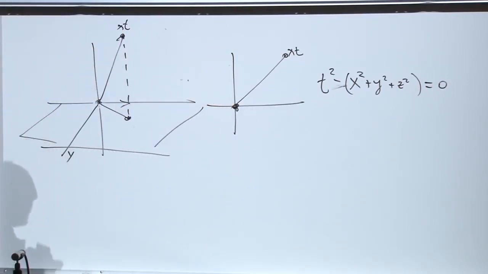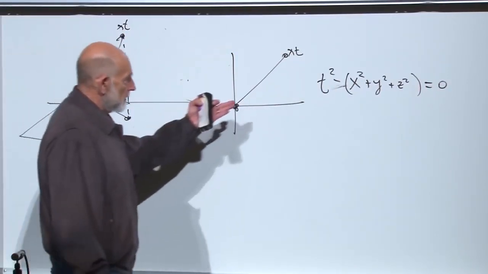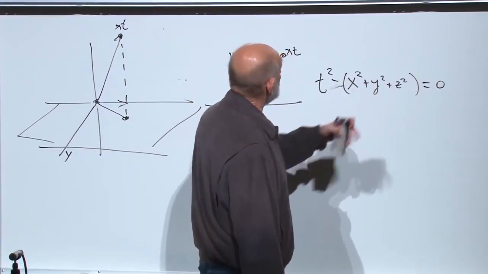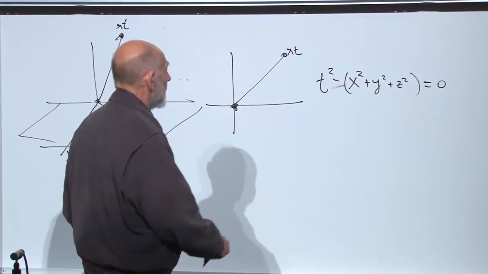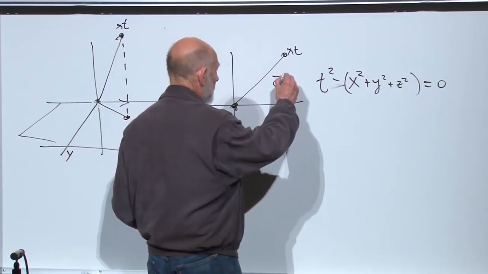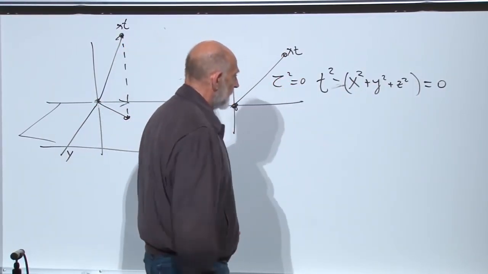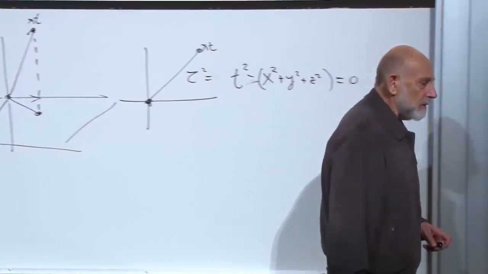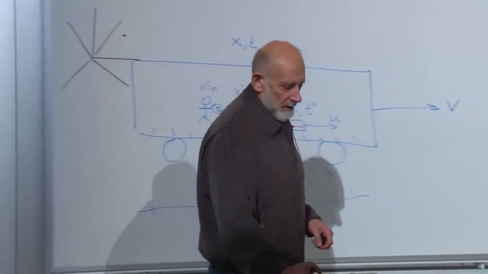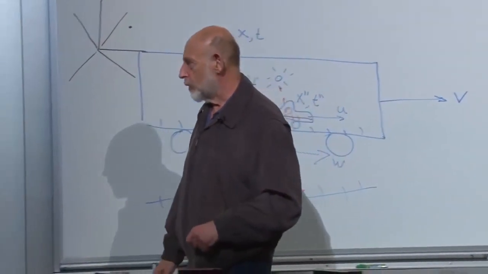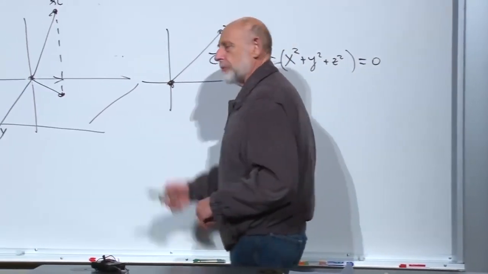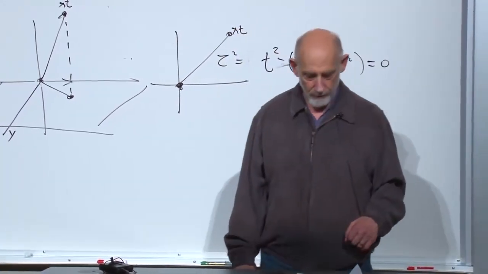So the motion of a light ray is t squared minus x squared minus y squared minus z squared equal to 0, or again, tau squared is equal to 0. That's one concept of how a light ray moves. It moves along trajectories such that the proper time along the trajectory is equal to 0.